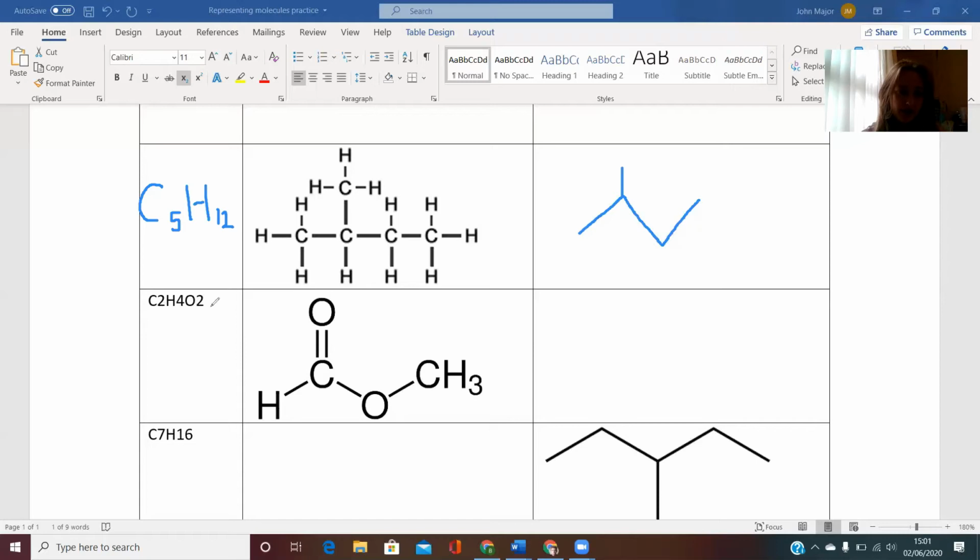Molecular formula given to us again for this one. Structural formula. Now, there's not that much you can leave out here. You can leave out the CH3, you can leave out C, and you can leave out the H. The CH3 that would be there is assumed.